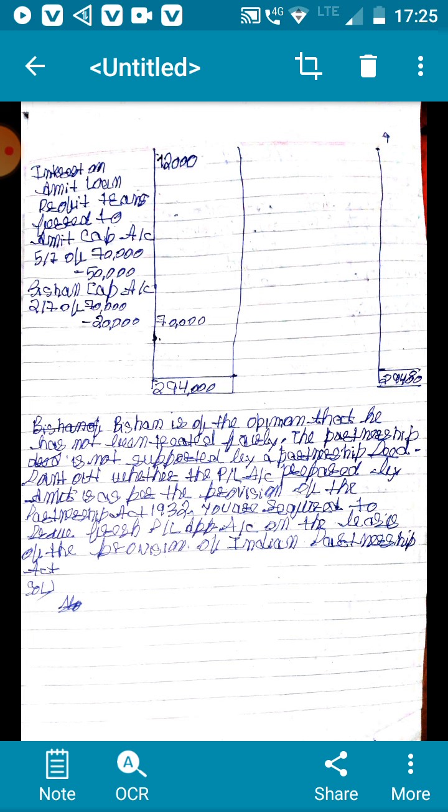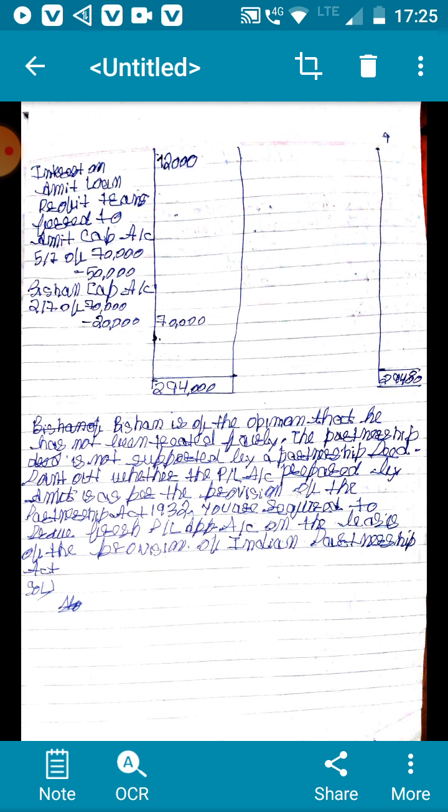So the question says Vision is of the opinion that profit has not been shared properly. The partnership deed is not supported, meaning there is no partnership deed in the question as mentioned above.